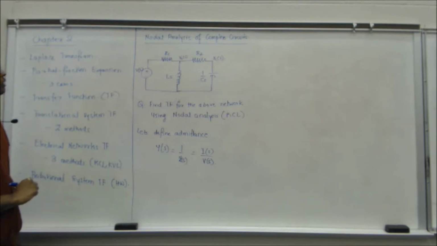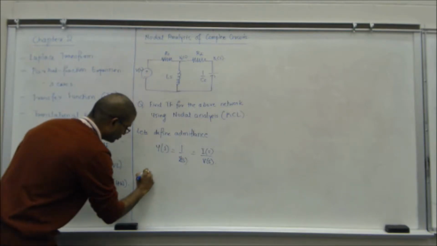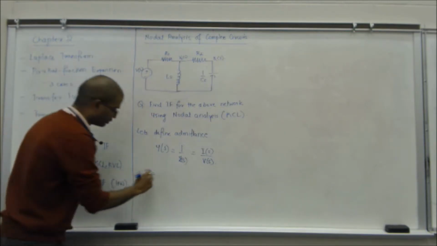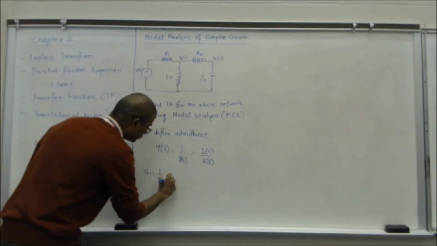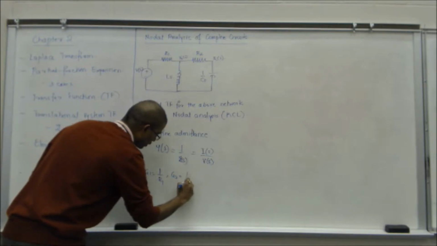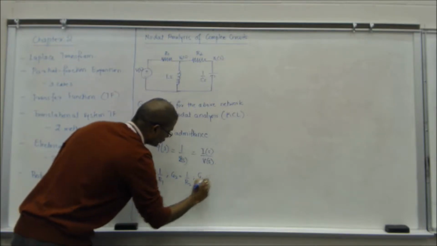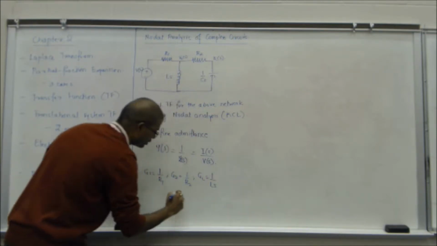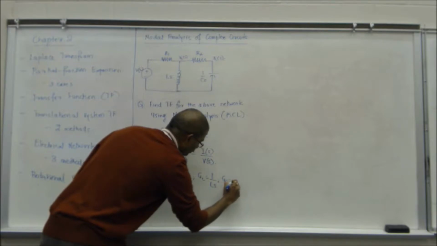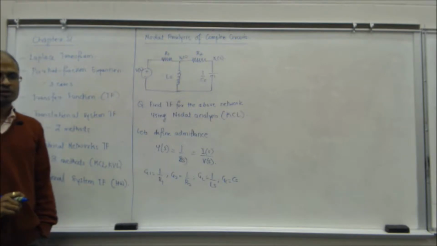So what is the admittance for R1? G1 would be 1 over R1. G2 would be 1 over R2. GL, which indicates admittance for the inductor, would simply be 1 over Ls. And GC, which will indicate admittance for the capacitor, would be Cs. Simple.